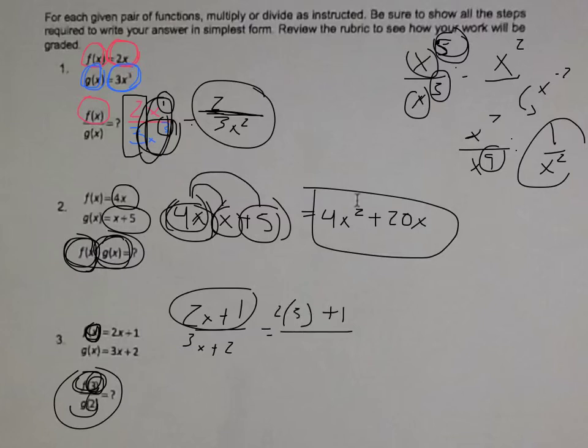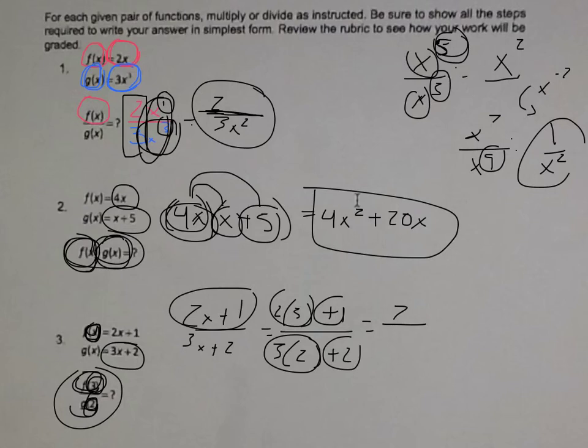And then for the g one, I'm going to plug 2 into that, so it would be 3 times 2 plus 2. And then that'd be 6 plus 1 is 7, and 6 plus 2 is 8. And you're done. So you actually got a number on this one. So I think we solved all the world's problems, correct? Correct. Good deal.